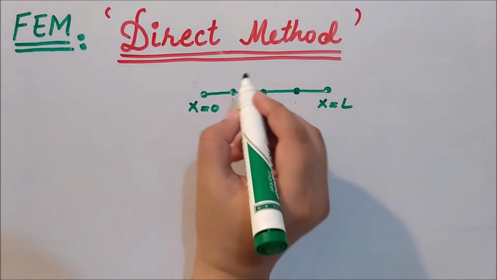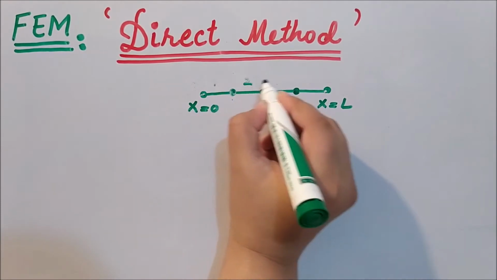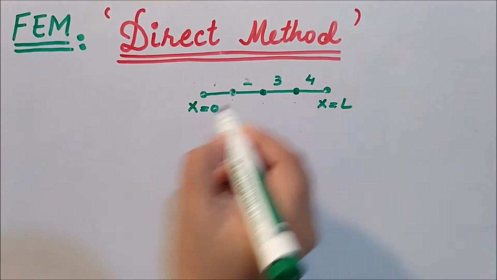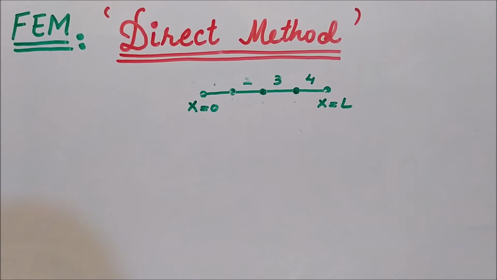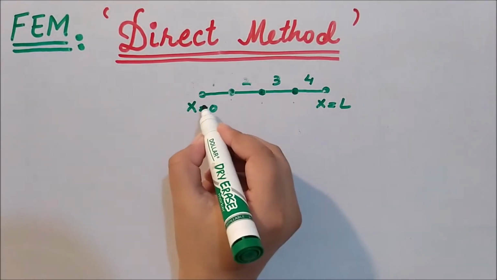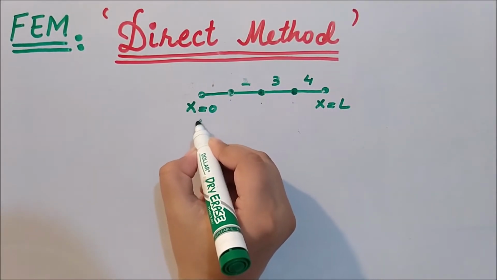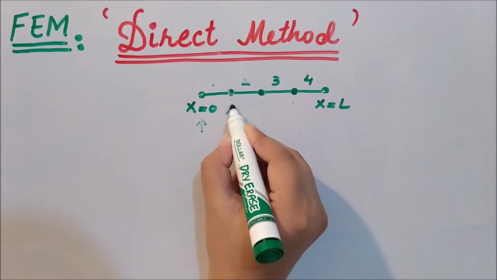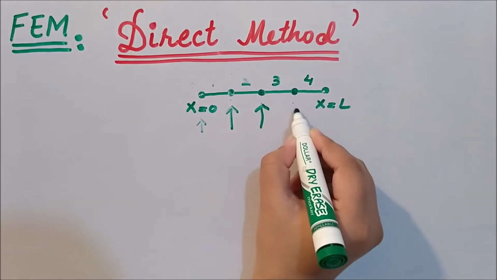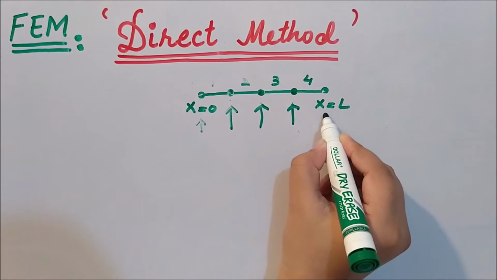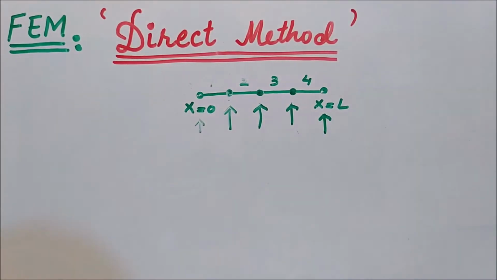We have 1, 2, 3, and 4 elements. And how many nodes are there? We have node 1, node 2, node 3, node 4, and node 5.